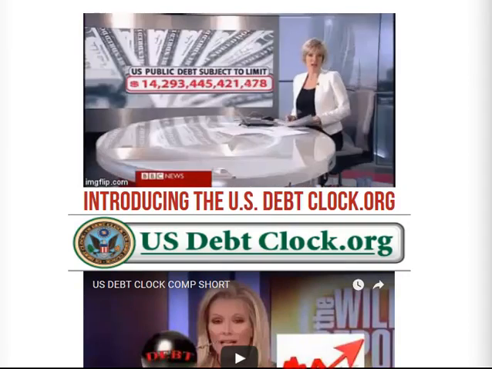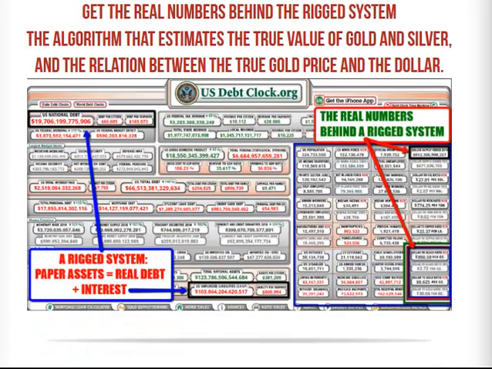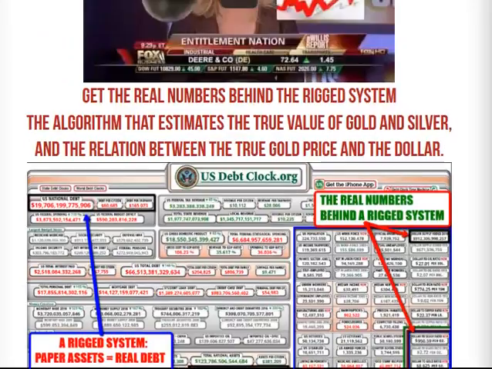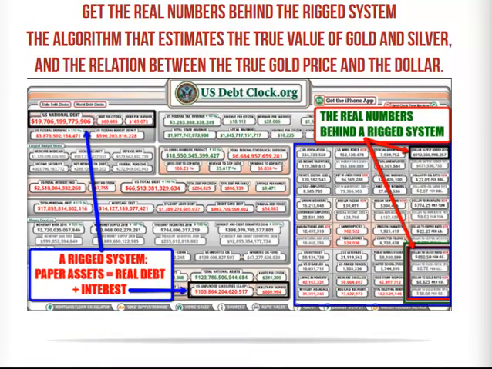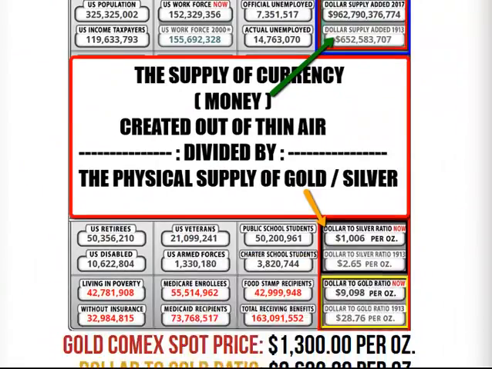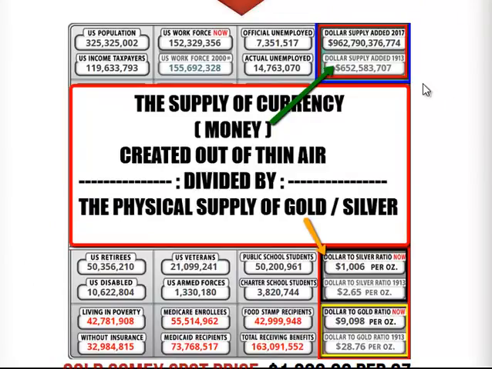Okay, so we're going to scroll down here. As you can see, they've added these additional columns, and I'm going to blow this up. This is what the columns are: the dollar supply added 2017 year to date. In other words, it's January right now, so they go back to last January and show how much paper money, the supply of currency, was created out of thin air.